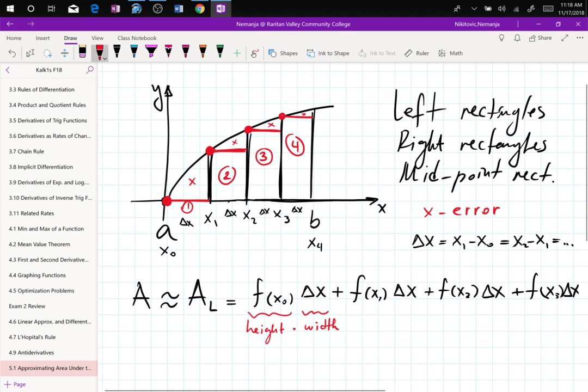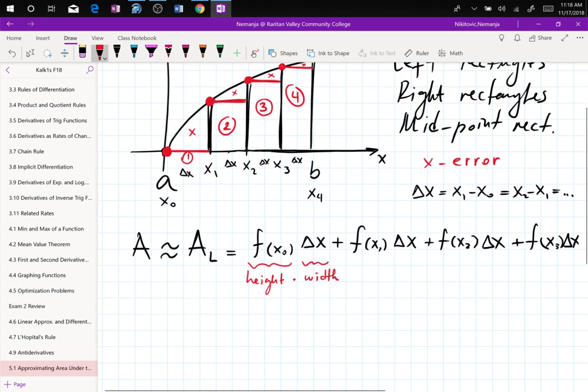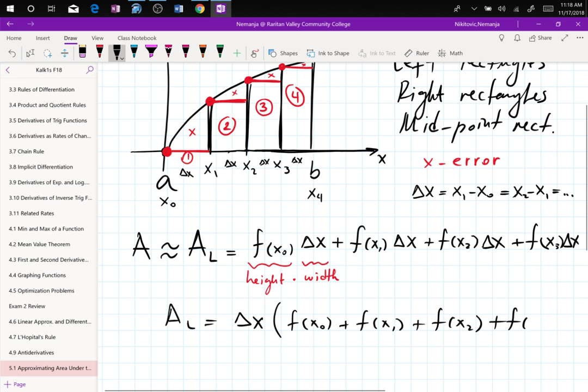For each one. Now we see that this delta x is common, so I can kick delta x outside and just focus on f of x0 plus f of x1 plus f of x2 plus f of x3. I had 4 rectangles. I have 4 function calculations to deal with.